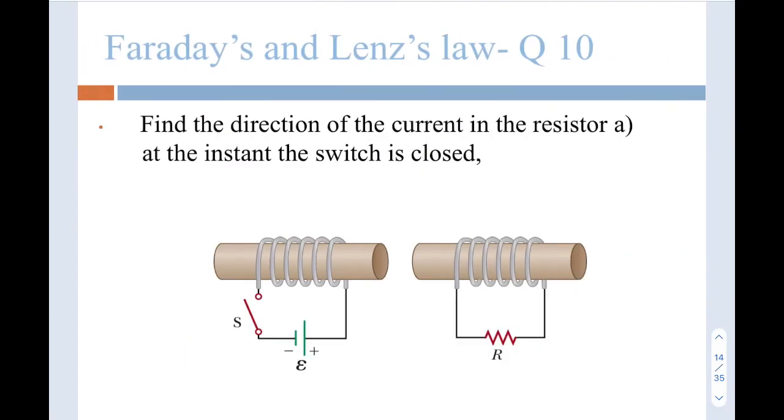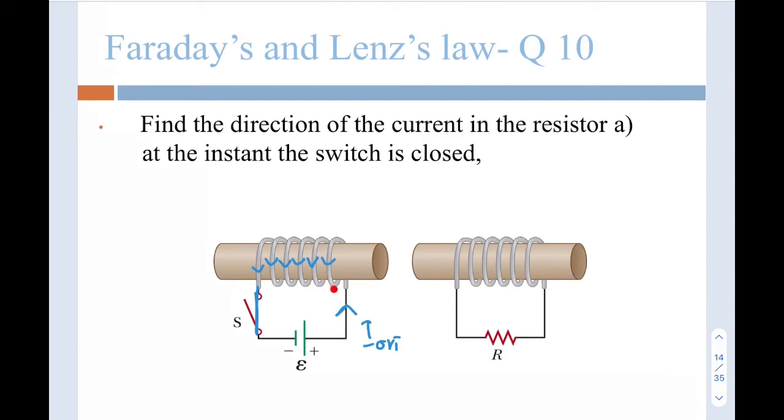Alright, then question number 10. Find the direction of the current in the resistor A at the instant the switch is closed. If the switch is closed, a stable current is going to be established from the positive terminal to the negative terminal. So this is I original.